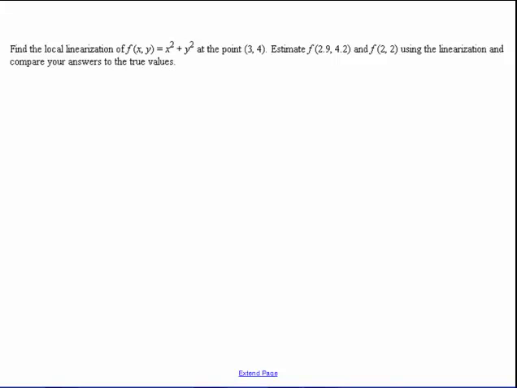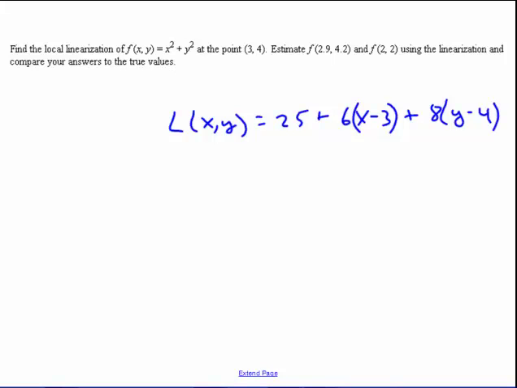We have that the local linearization equaled 25 plus 6(x minus 3) plus 8(y minus 4).